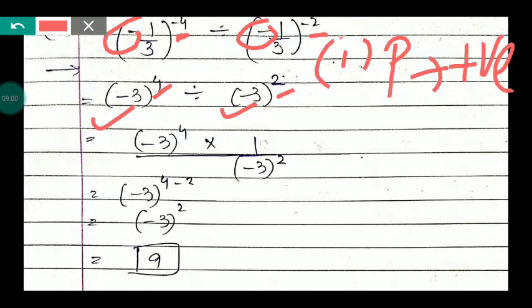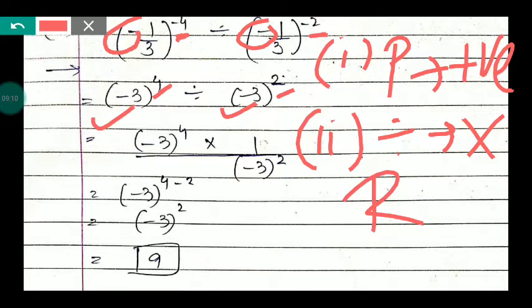Now the second step is converting the division into multiplication, again by taking reciprocal. So here, while changing division to multiplication, the next number gets reciprocaled, that you can see.